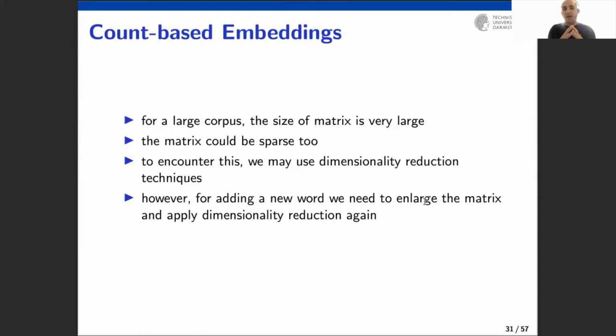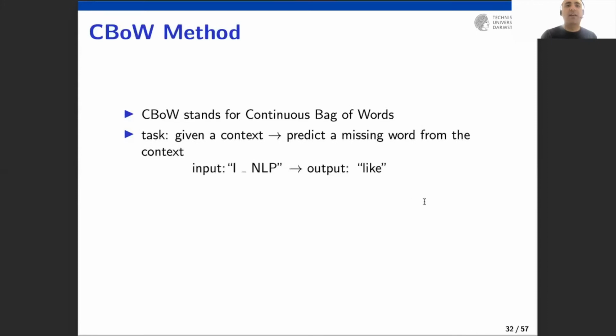And after doing that, we need to apply dimensionality reduction again. So by adding a new word or a new document, we need to build this matrix every time, and we also need to apply dimensionality reduction. So this is not a very wise algorithm. I mean, this is a wise algorithm, but this is not an efficient way to model word vectors.